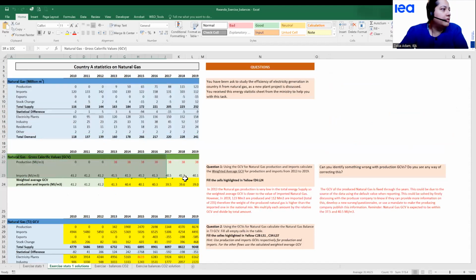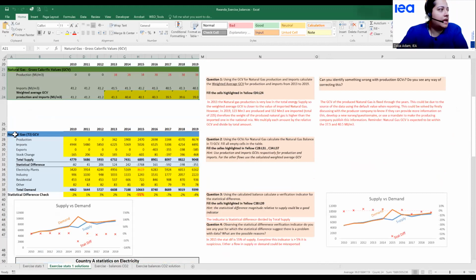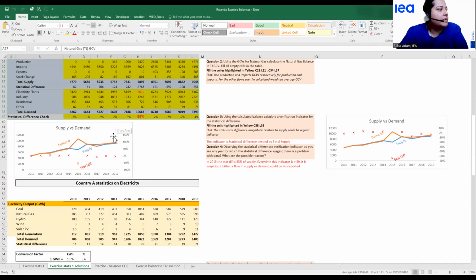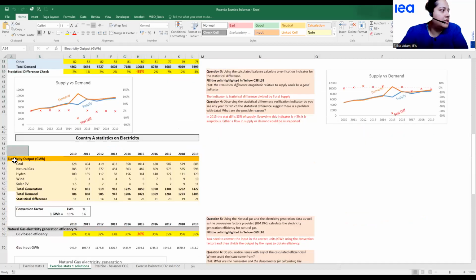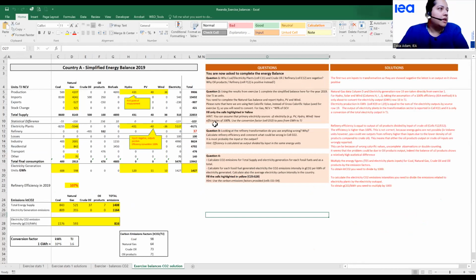We looked at calorific values, then we converted the natural gas into energy terms in terajoules. We looked at how to fix some errors, and we also looked at electricity output, how to calculate the efficiency of a power plant for natural gas. So that was yesterday. And today, we are asked to move on to complete the energy balance.